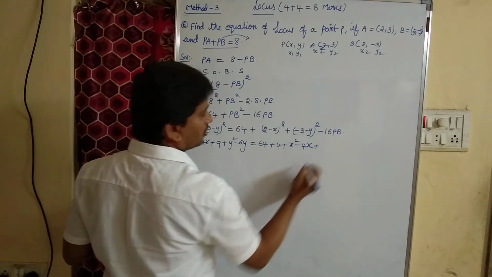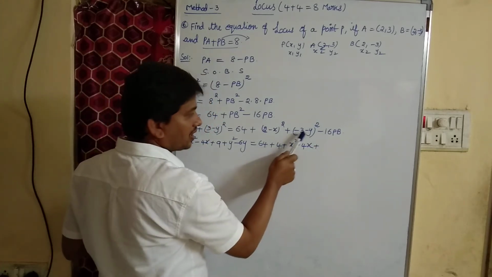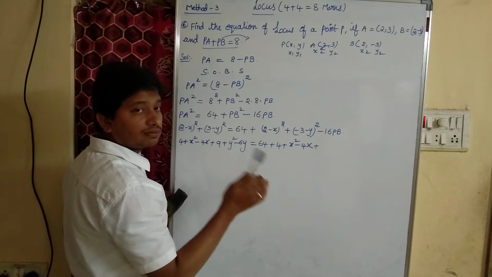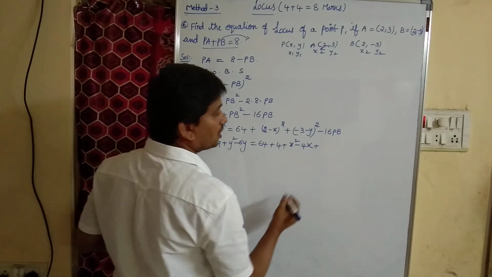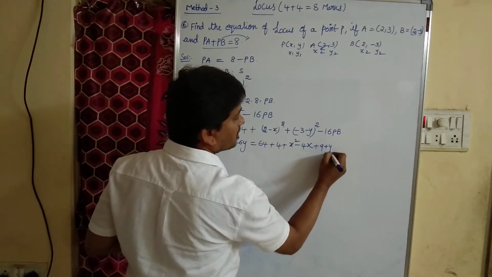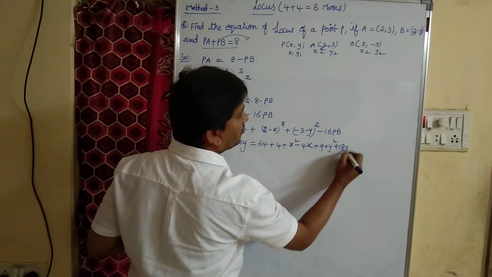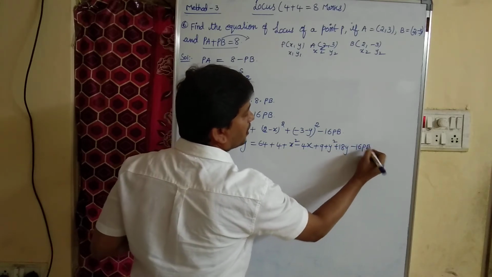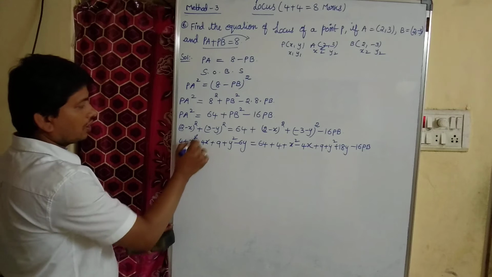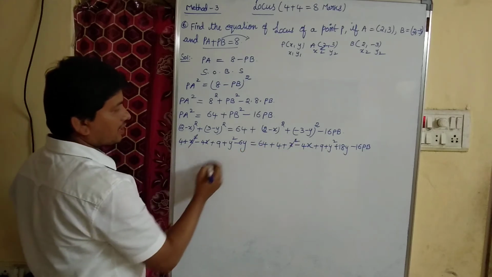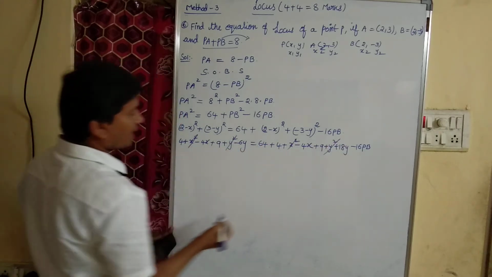Again as I told you, minus 3 minus y, both the terms have minus. So 3 square 9 plus y square, 2 into 9 is 18y, minus 16 PB. X square cancels, y square cancels.